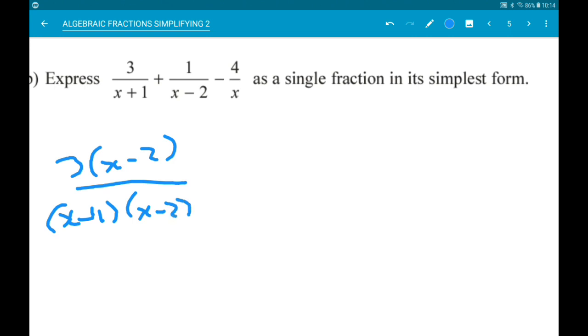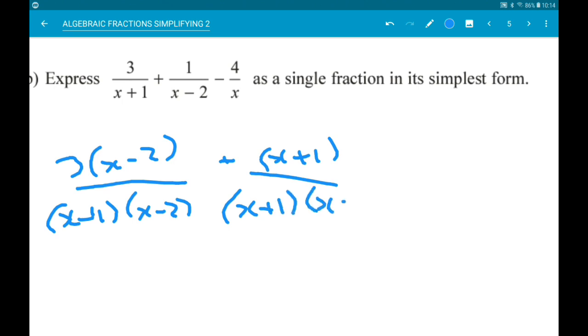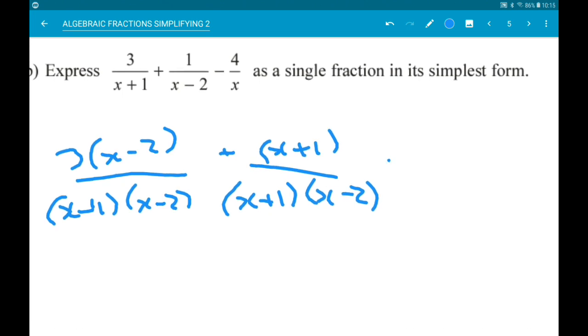add (x add 1) over (x add 1)(x minus 2). Okay, now I'm not going to expand the bottom yet, because it's going to be easier in factorised form to then get the third one involved.